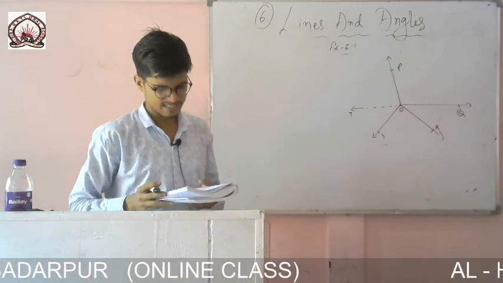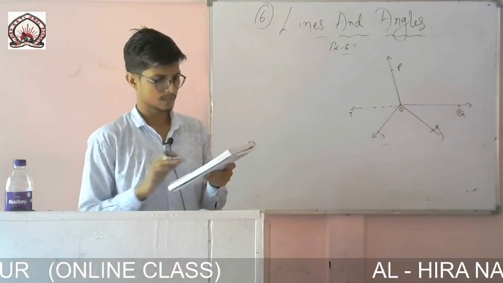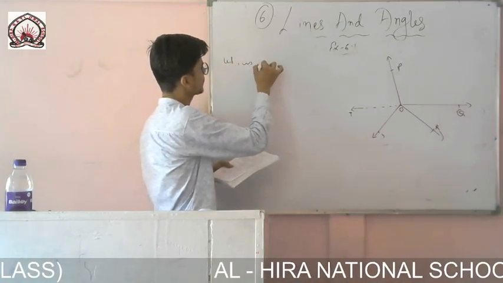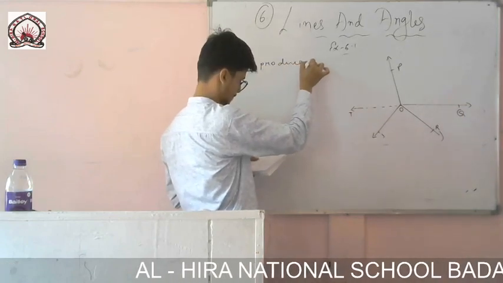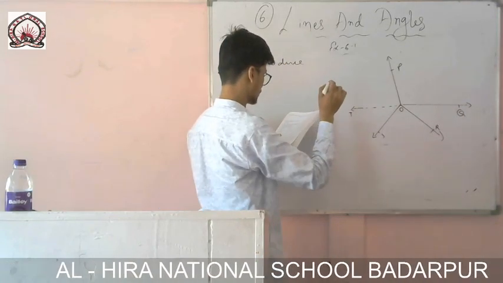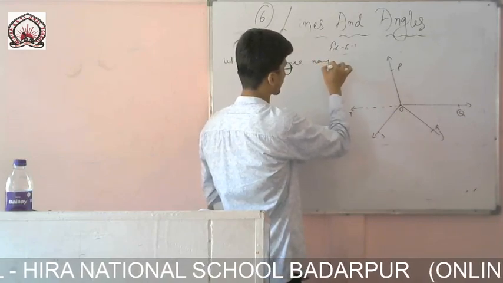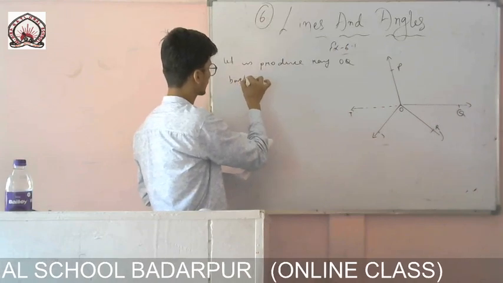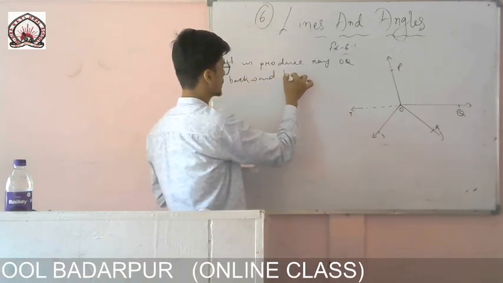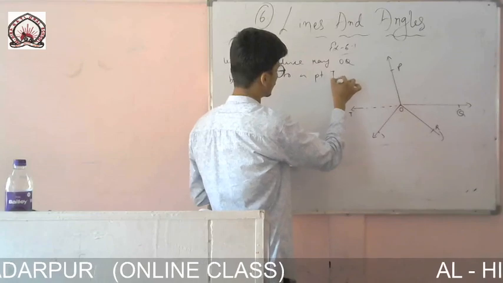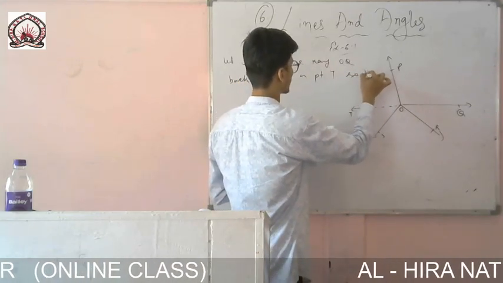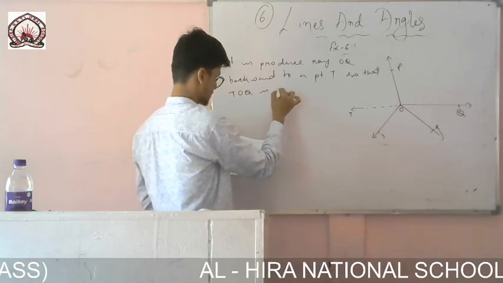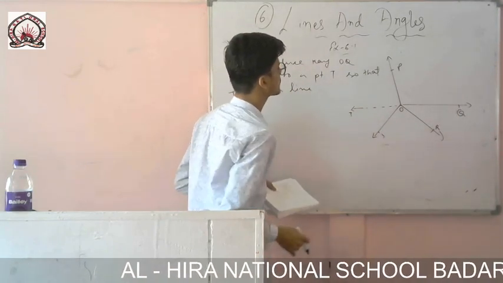What is given, you write like this, let us produce ray OQ backward to a point T, so that TOQ is a line. TOQ is a line.